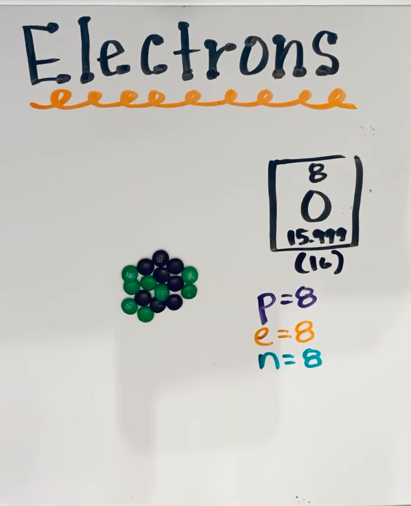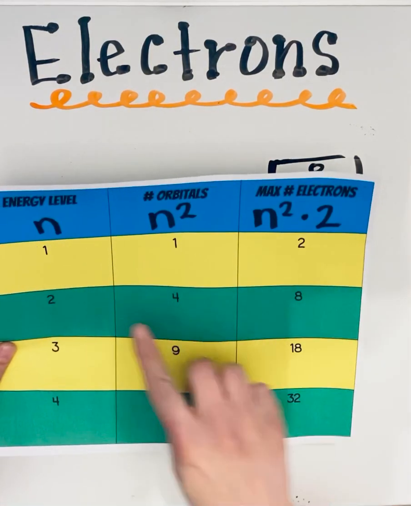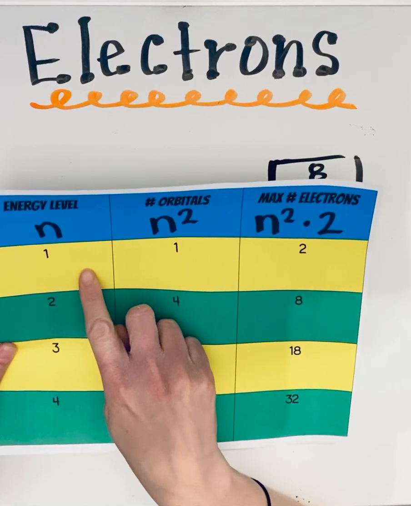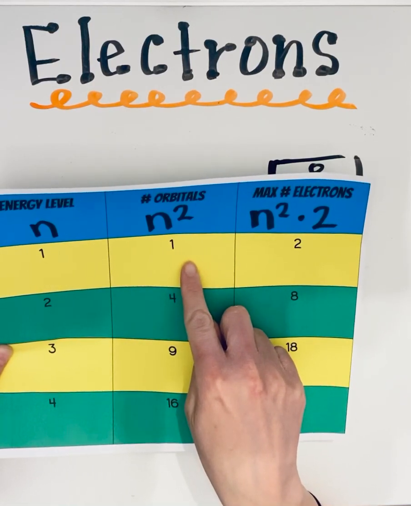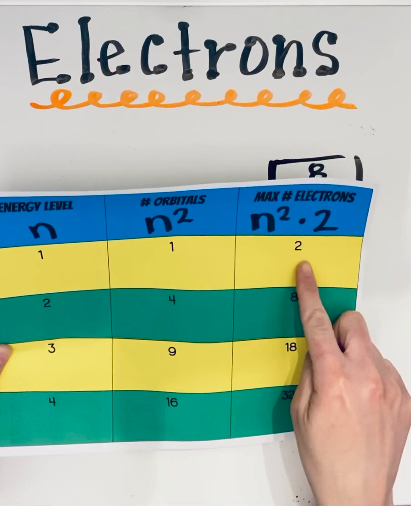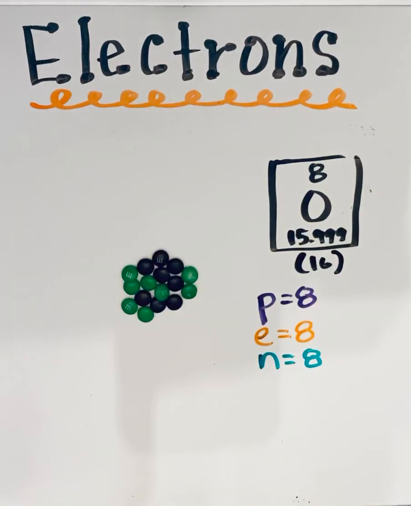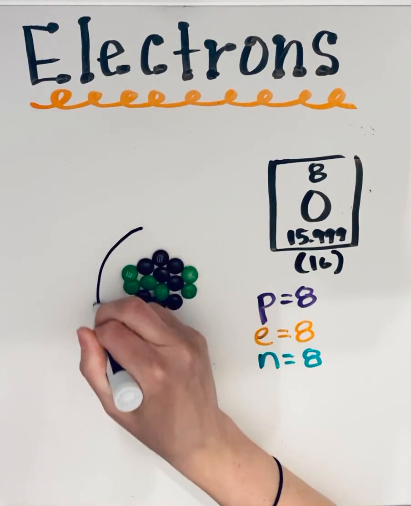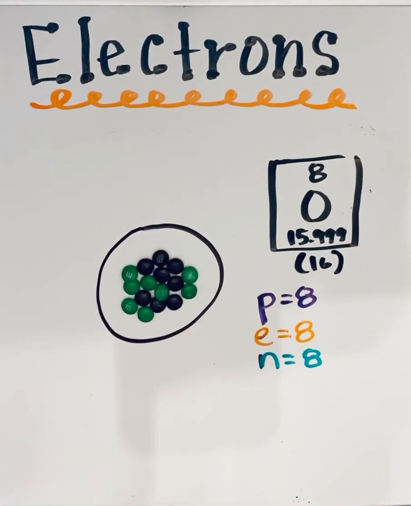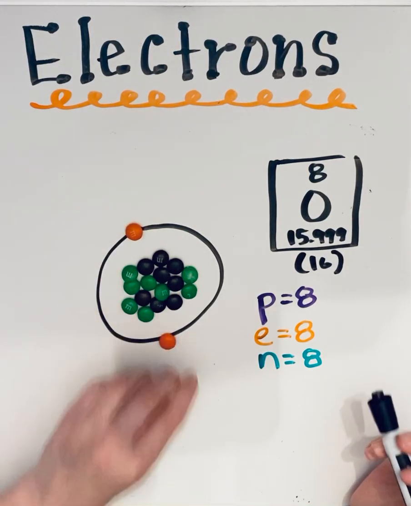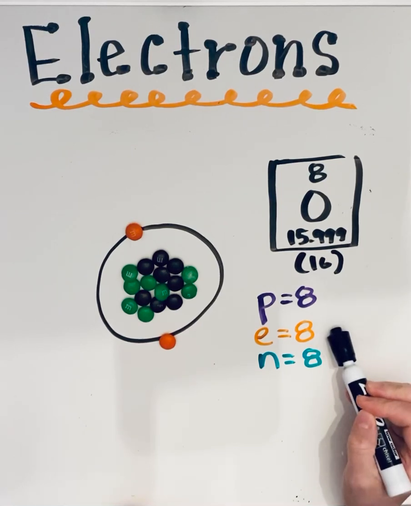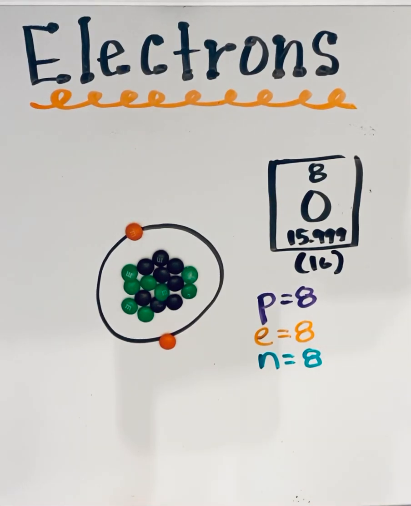All right, going back to my chart. So the first floor of the hotel has 1 room. Each room can fit 2 people. So I can only fit 2 electrons on that first energy level. So I'll go ahead and draw my first floor of the hotel. And I'm going to put in my 2 electrons. But I'm not done because there are 8 electrons in 1 oxygen atom, right?